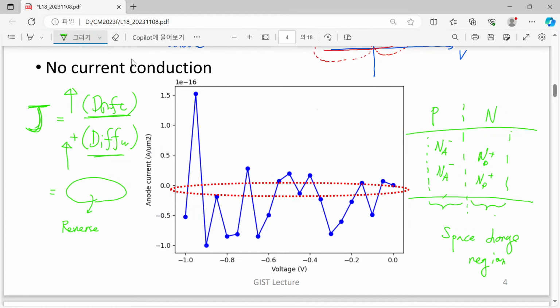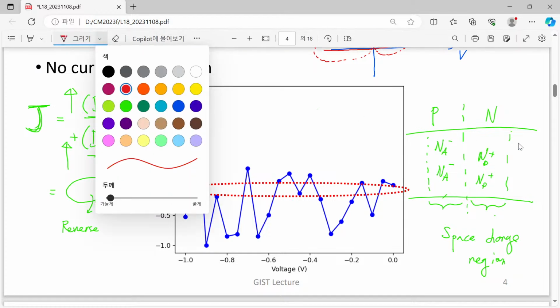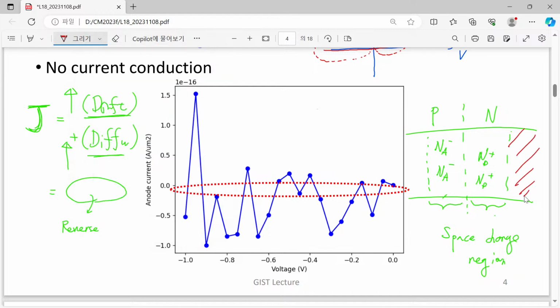So from the viewpoint of our electrons, what will happen? Here we have a lot of electrons, many electrons. And here, how many electrons are there? Almost none.